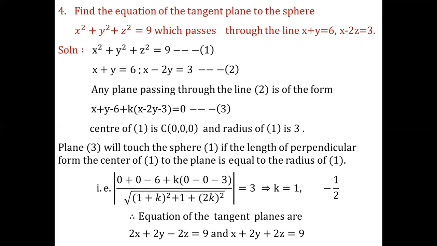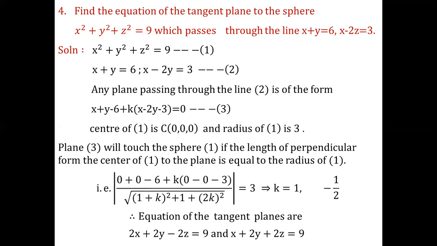So here find the center using equation 1. The center will be 0, 0, 0 and the radius is 3. Plane 3 will touch the sphere 1 if the length of the perpendicular from the center of 1 to the plane is equal to the radius of 1. So use again the same formula, that is modulus of (0 plus 0 minus 6 plus k times (0 minus 0 minus 3)) divided by root of (1 plus k) the whole square plus 1 plus (2k) the whole square equal to 3.